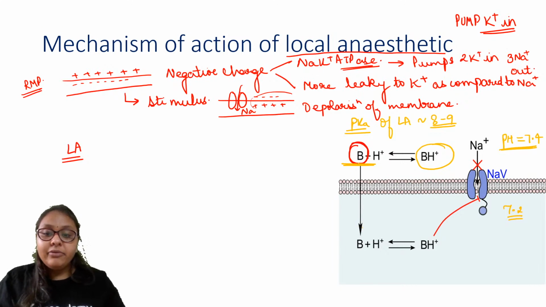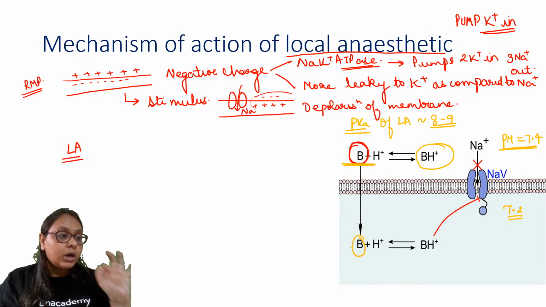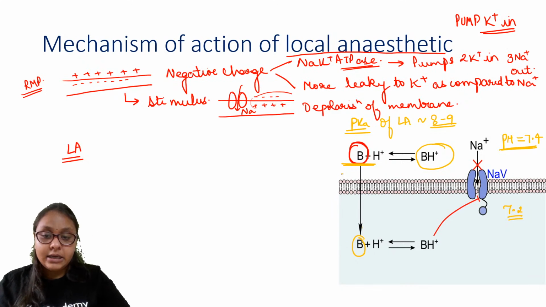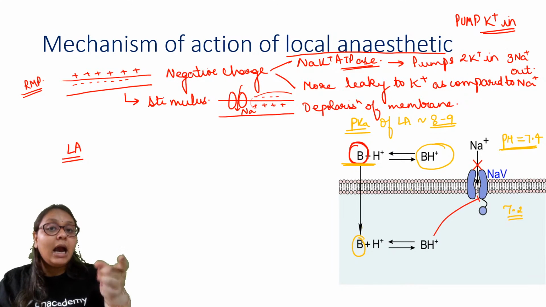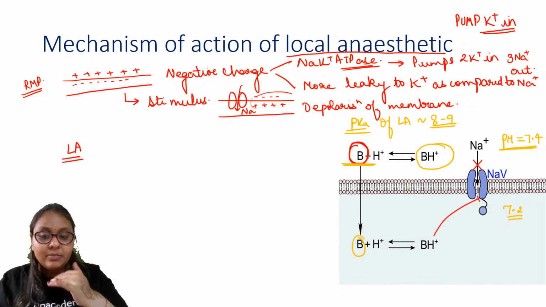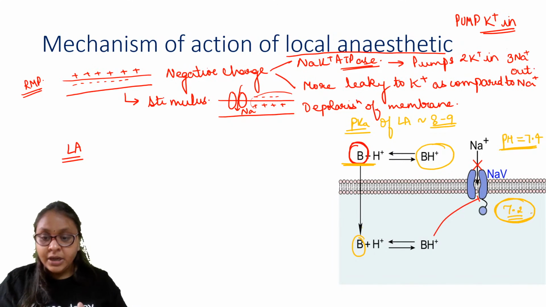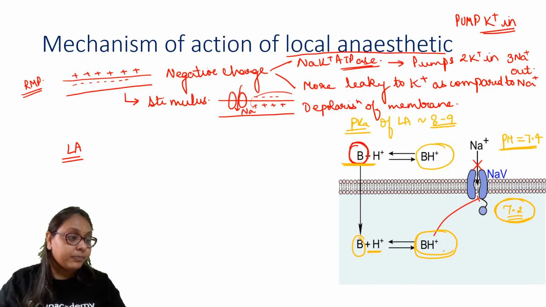ठीक है, and once it permeates this membrane in the unionized form, remember local anesthetic is permeating the membrane. ठीक है, it is permeating ये जो membrane है in what form? In unionized form. And when it permeates the membrane in unionized form, because here the pH is lesser, it reacts with the hydrogen ion and converts into the cationic or the ionized form.